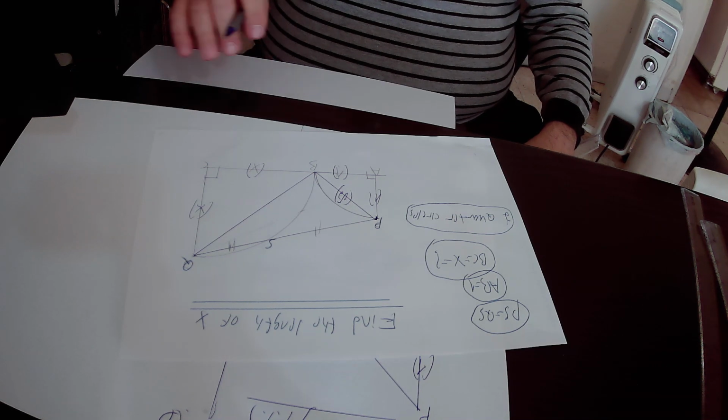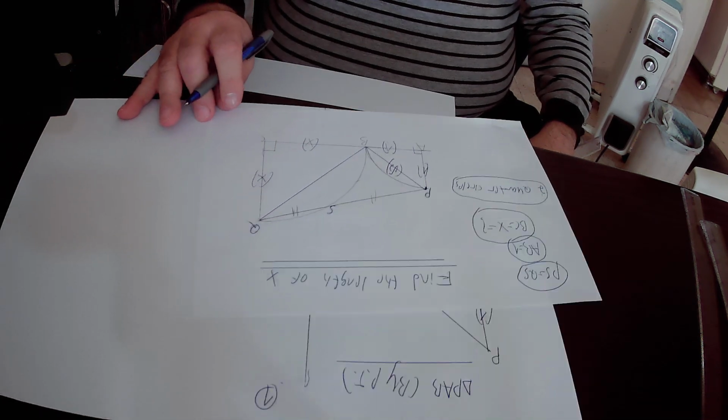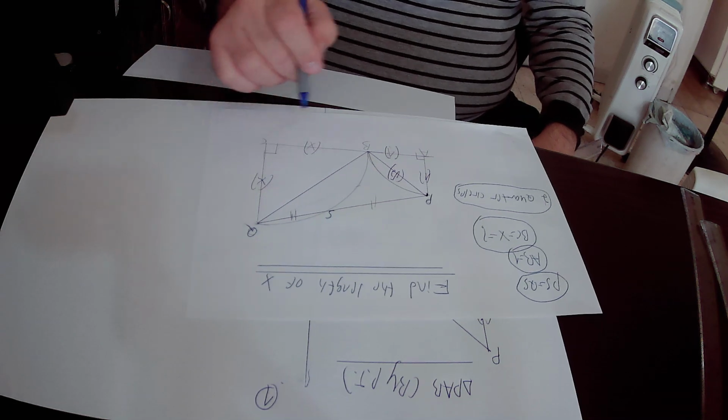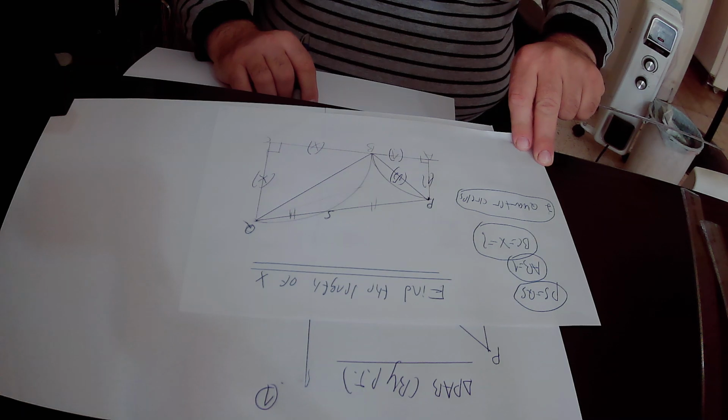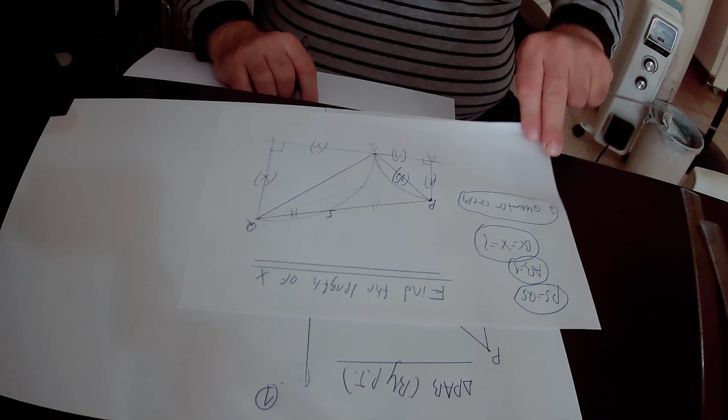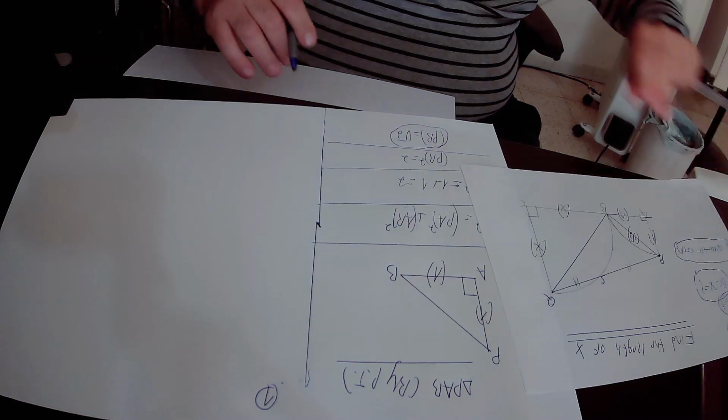I will copy the right triangle QCB in a new page, and we'll implement the Pythagoras theorem on this right triangle QCB.